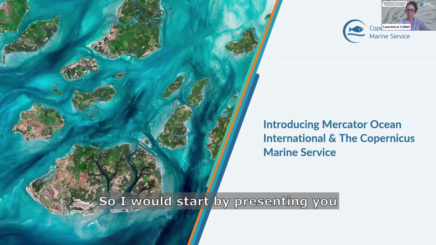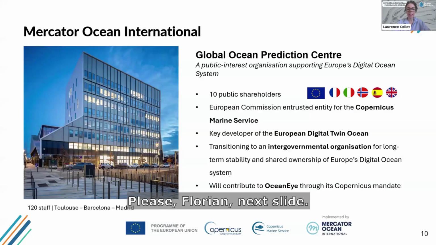So I would start by presenting you Mercator Ocean briefly. Mercator Ocean International is the organization behind Europe's operational ocean forecasting capacity. The organization was created in 1995, and it has become a global leader in ocean monitoring and forecasting.